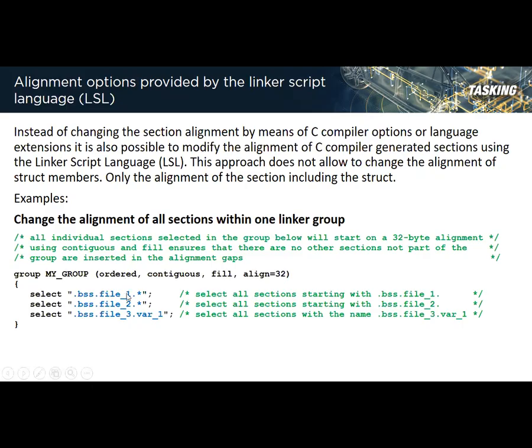There may not be any other alien sections injected. So there will be alignment gap entries when there is an alignment gap introduced due to the locate requirements, and the align equal 32 entry means every single section part of that group will have a 32 byte alignment.